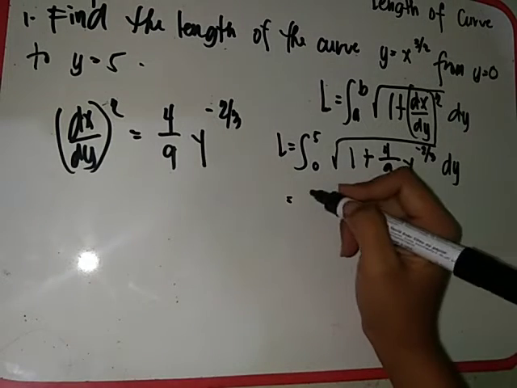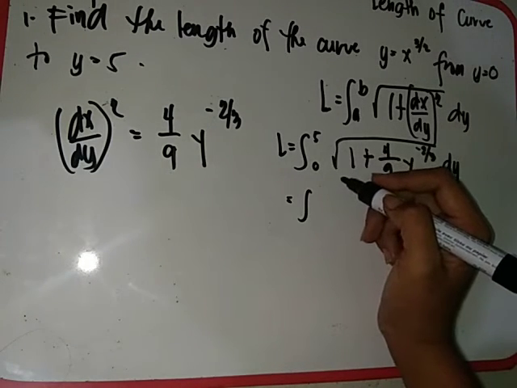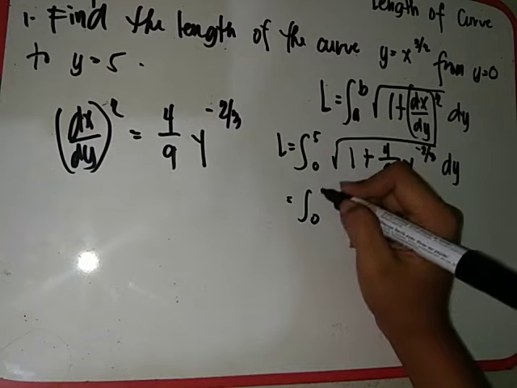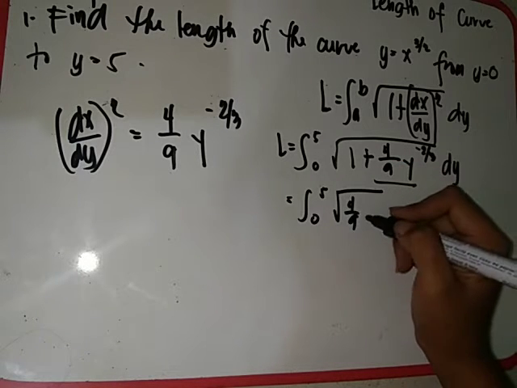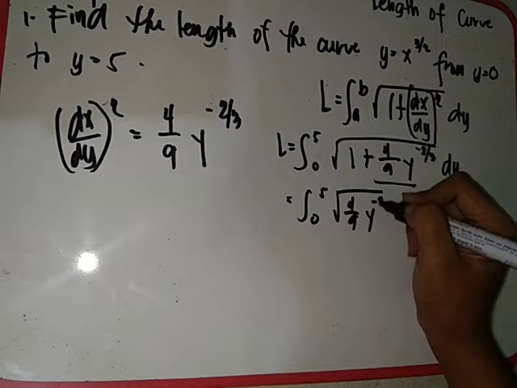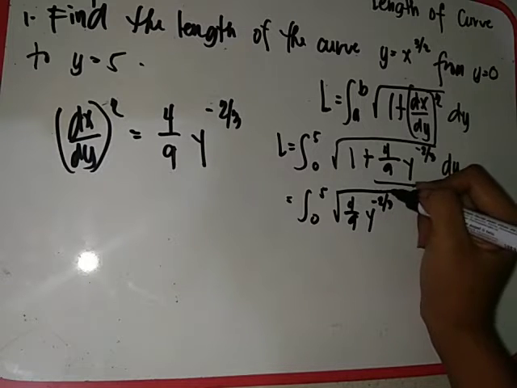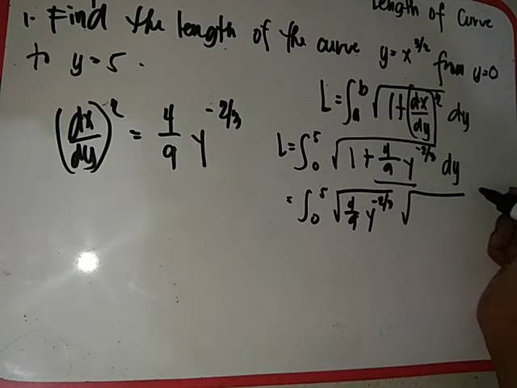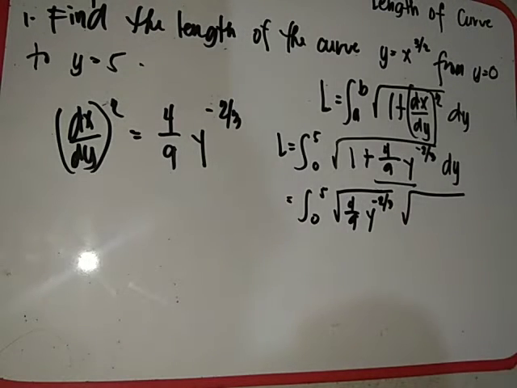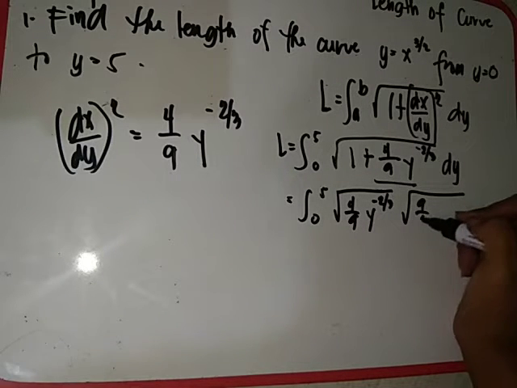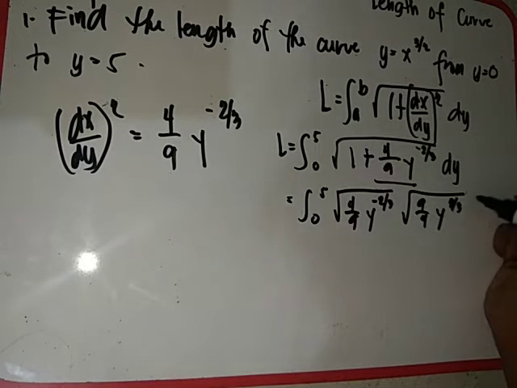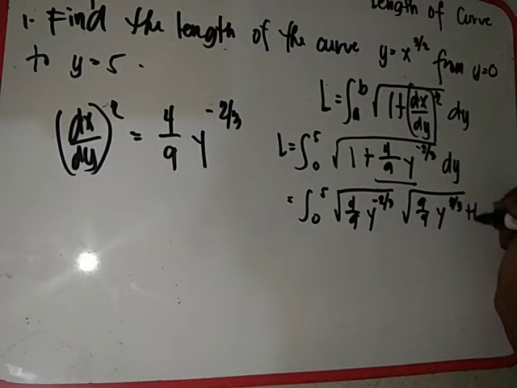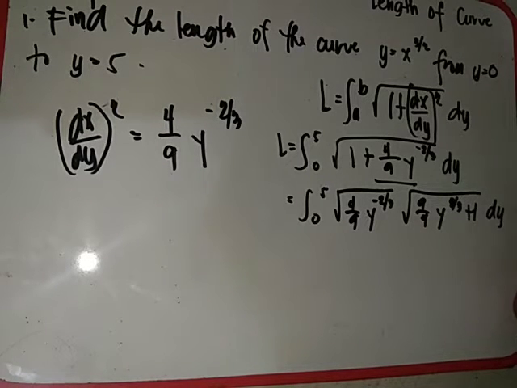We have 4 over 9 y raised to negative 2/3 multiplied by the square root of 9/4 y raised to 2/3 plus 1 dy.